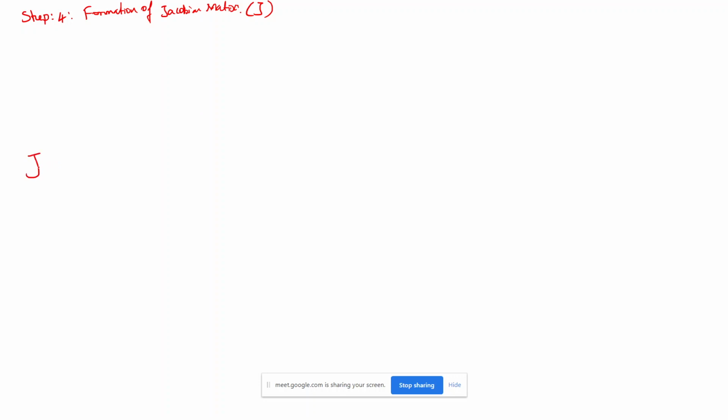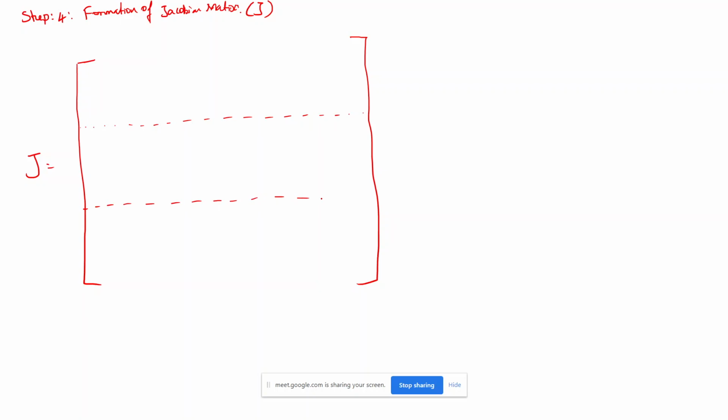We know that the system is a 3 by 3 matrix, so I will get 9 elements. So I can split this matrix into 9 parts. What is the Jacobian matrix?